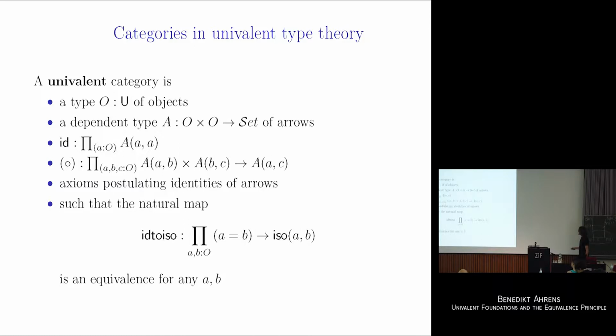So this map we can define for any category, and we ask it to be an equivalence in univalent categories. So one can say that this is a univalence axiom for categories, and this is exactly why we call a category that satisfies this property a univalent category.